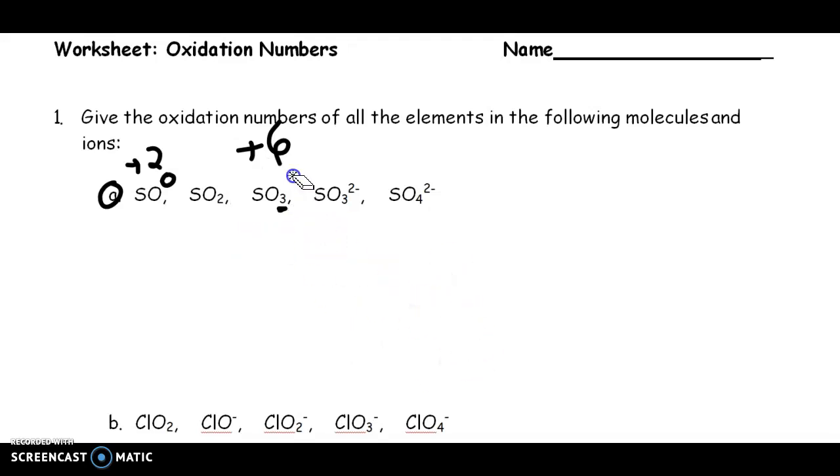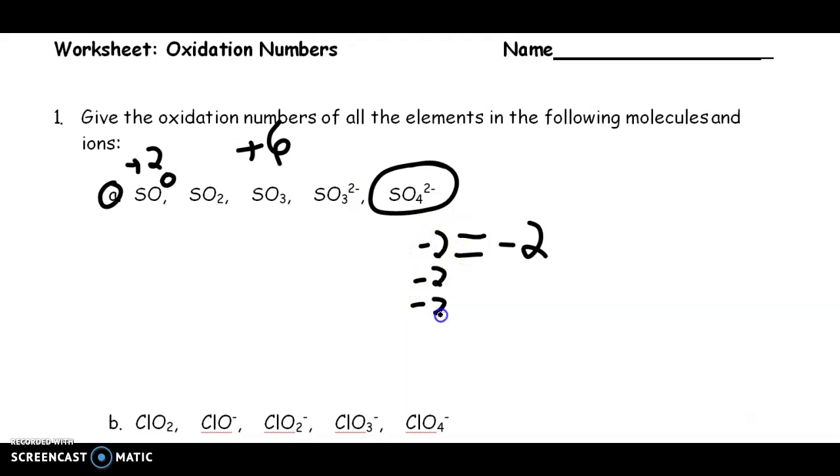Okay, now let's try one that actually has a charge. Let's do this guy, SO4 2-. So this is not a neutral compound. The whole compound gained 2 electrons, which is why it's -2. So it stole it from an element somewhere else. So you're going to set the whole thing equal to -2 now. Oxygen, each one is still -2, and you have 4 of them, so you're going to write -2 4 times.